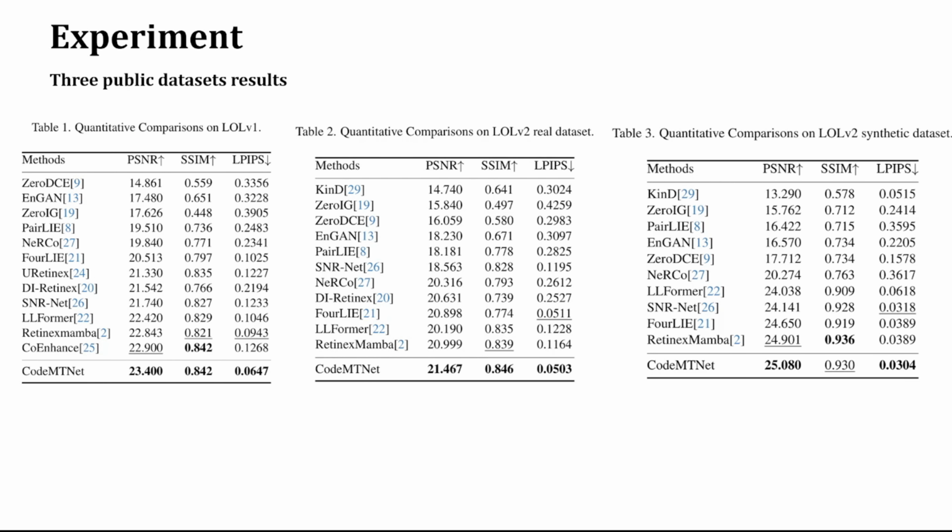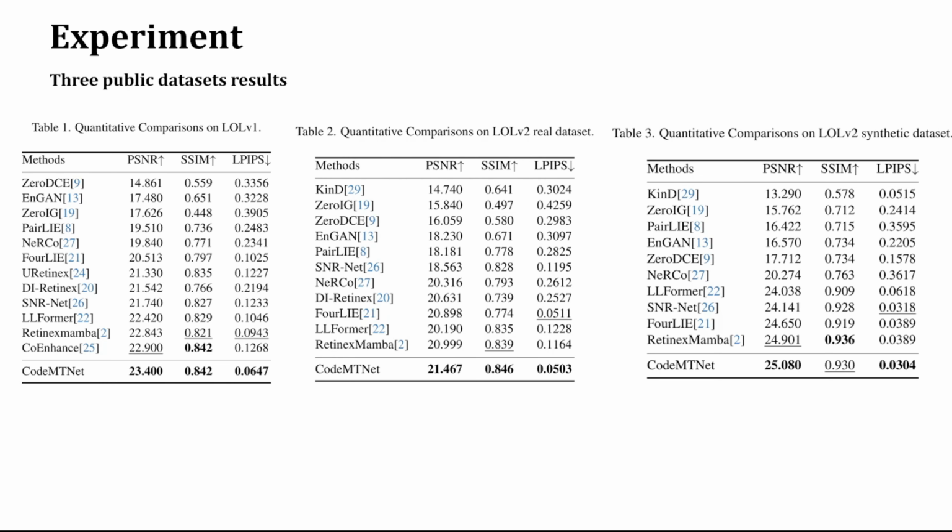Three public datasets' results are shown here. We compared our method with many state-of-the-art methods from recent years on 3 public datasets. The 3 publicly available datasets are called the LOL version 1 dataset, the LOL version 2 real dataset, and the LOL version 2 synthetic dataset. On all the 3 datasets, CodeMTNet significantly outperformed INRCO, which also employed implicit neural representation regularization.